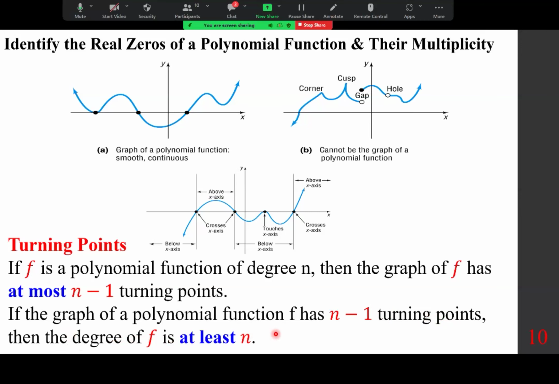So we know the degree is n, then we have n minus 1 turning points. For example, if n is 5, we can have a maximum of 4 turns in the graph. So this is one turn, this is another one, this is another one, this is another one. But if you know the number of turns, at least you add 1 to it, at least for the degree.